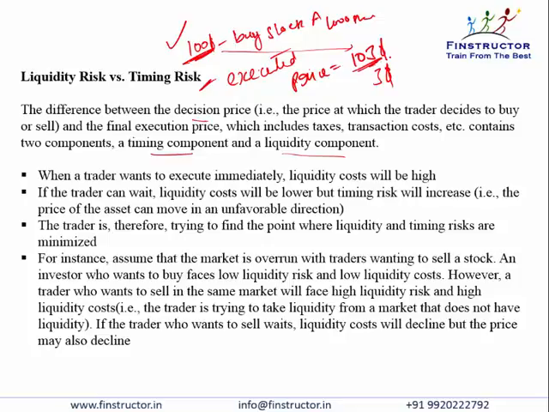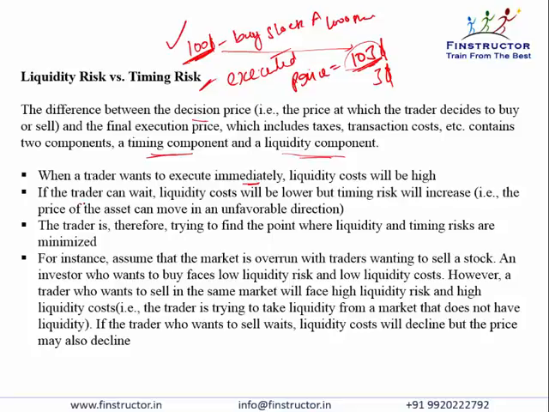This can be explained by a timing component and a liquidity component. When a trader wants to execute immediately, liquidity costs will be high. There are not enough sellers available at $100, so if you want to quickly execute your trade, you will have to pay a slightly higher price in order to finish your quantities.